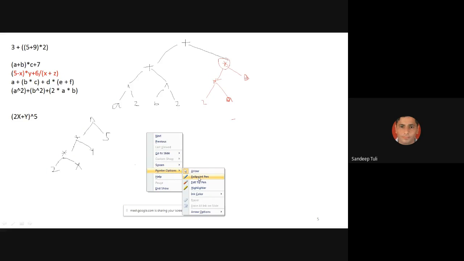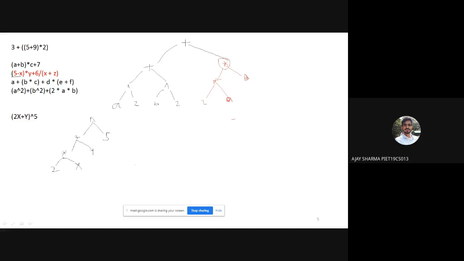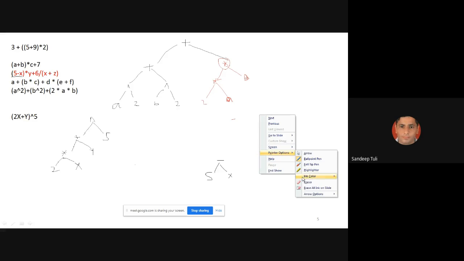What we have done is we have started by solving the bracket first. We have started with the first bracket, that is 5 and x and minus. This one is my first bracket, and then the last bracket, that is x plus y, x plus z. Let it be separate. We keep this separate, we do not merge it with the others.